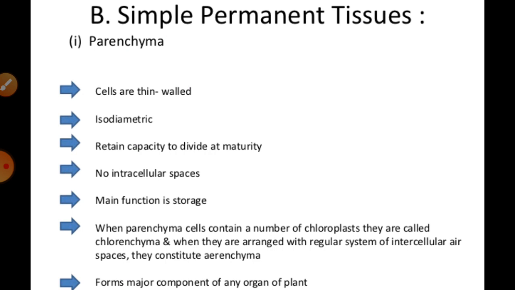This permanent tissue, especially parenchyma, is found in all these parts, means cortex, pith, palisade, mesophyll cells and some parts of the flower.